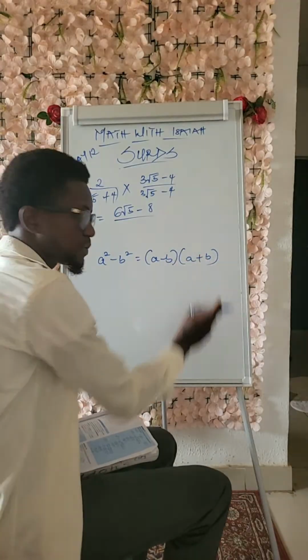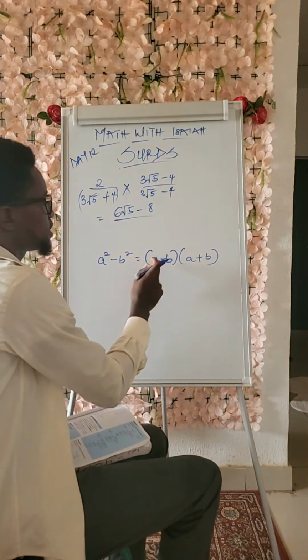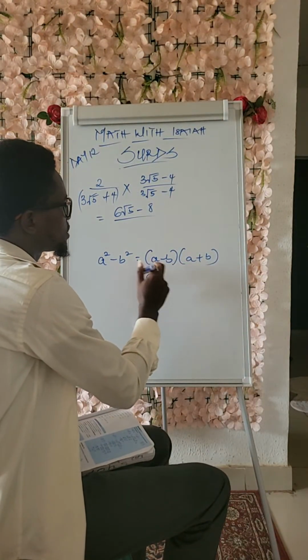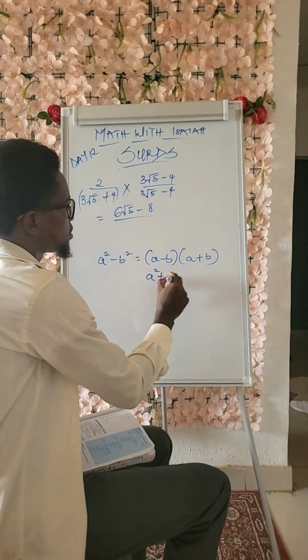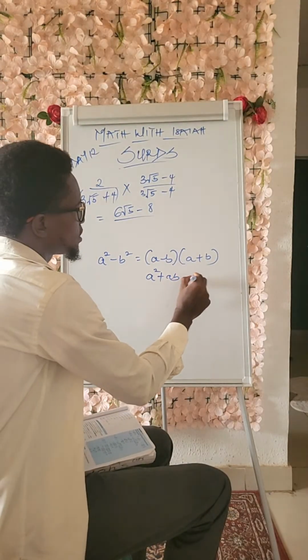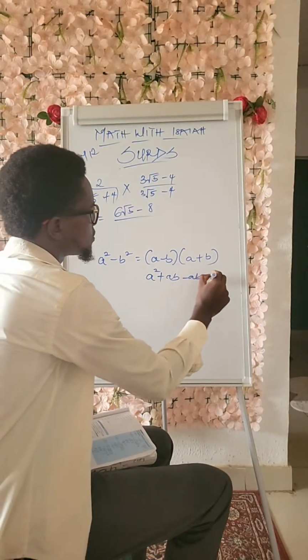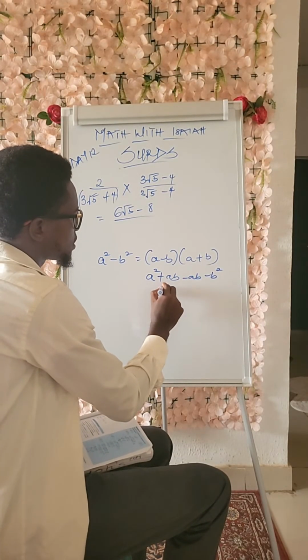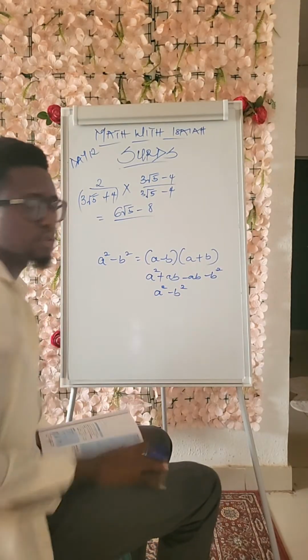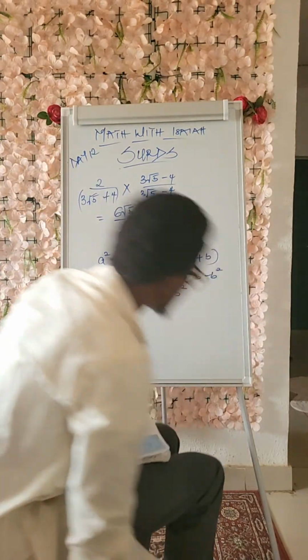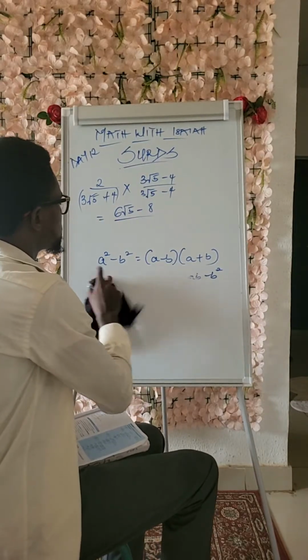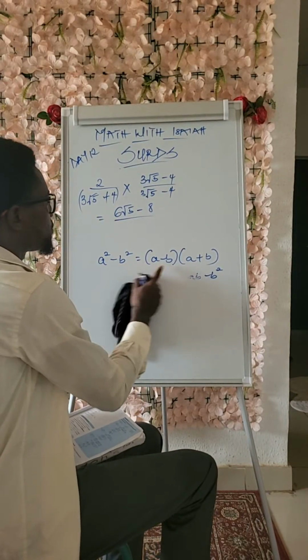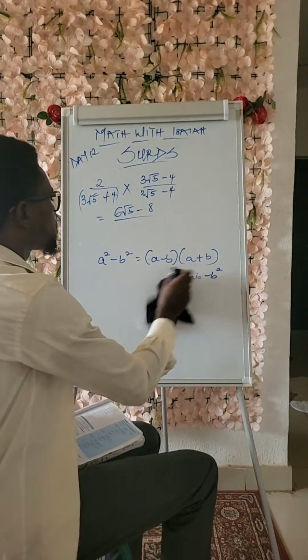Now, let's expand it: a times a is a squared, a times b is plus ab, this times this is minus ab, and this times this is minus b squared. The middle terms cancel out, and at the end you have a squared minus b squared. That's why it is called difference of 2 squares. So you just pick both of them, open a bracket, put the minus, open another bracket, put plus, and that's all.